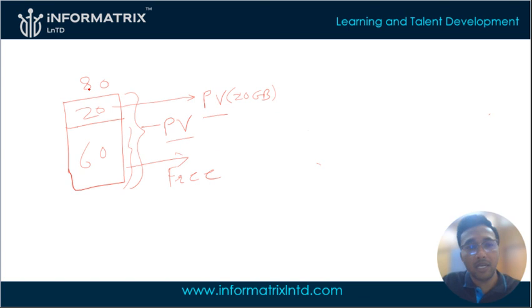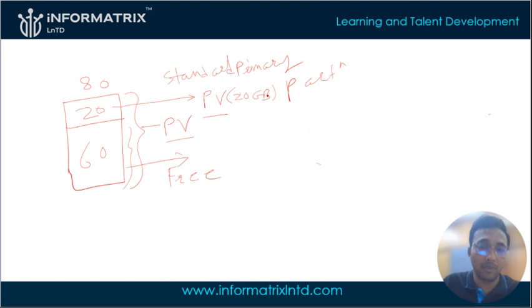Now take an example where I have an 80 GB hard disk, out of which I have created a 20 GB standard primary partition, and then I converted it to a PV. To create the PV, the command is pvcreate, followed by the name of that partition.